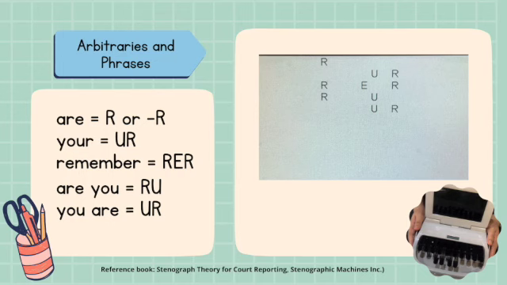Then we have the word your, represented by vowel U and then final R. Remember, that's initial R, vowel U. RU is initial R and vowel U, and UR is vowel U and final R.